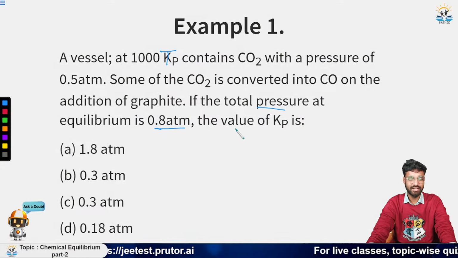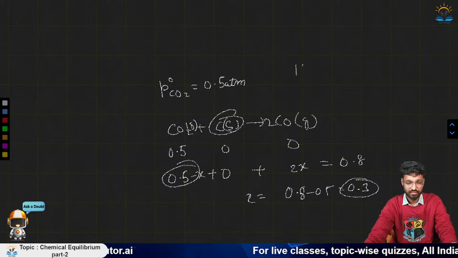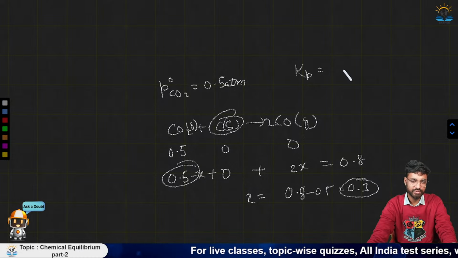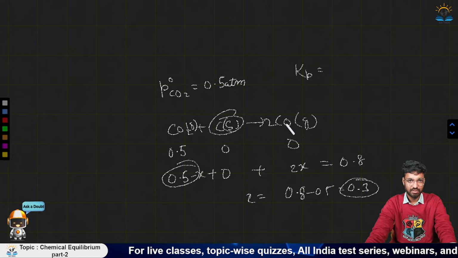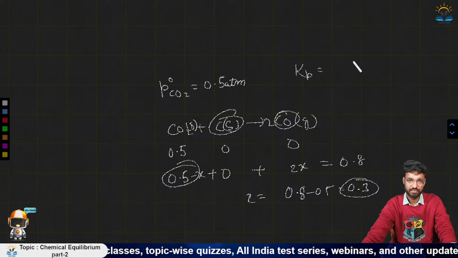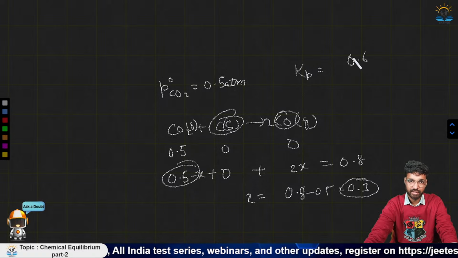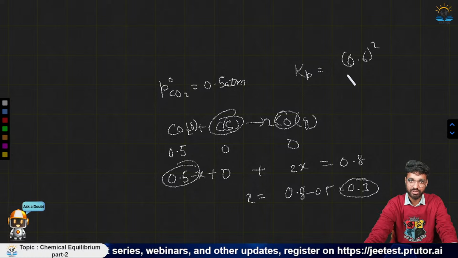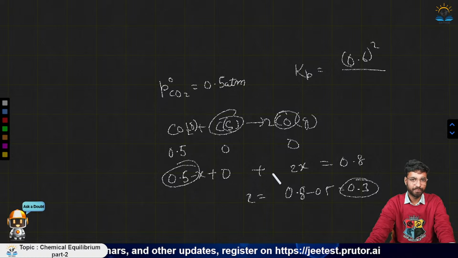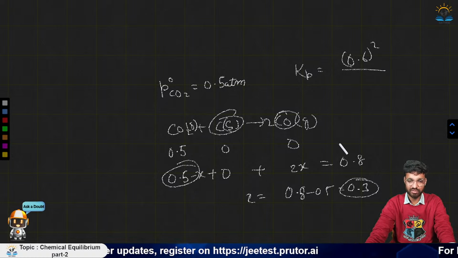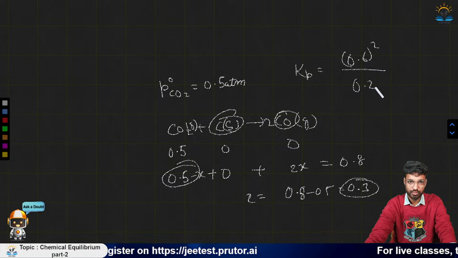And what we finally have to find is Kp. We know the pressure of the product, that is 2 into x, which is 0.6. Since it has coefficient 2, it will be squared. Similarly, for CO2, 0.5 minus 0.3 is 0.2.